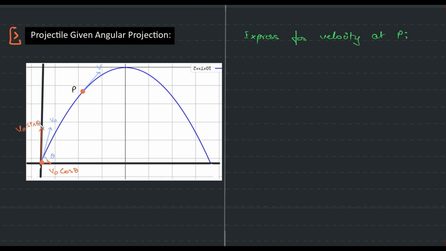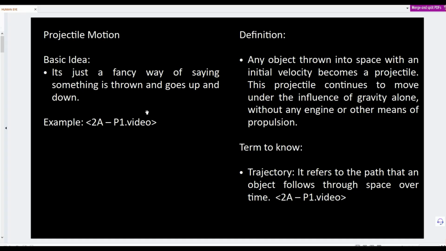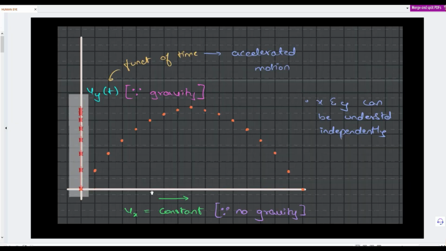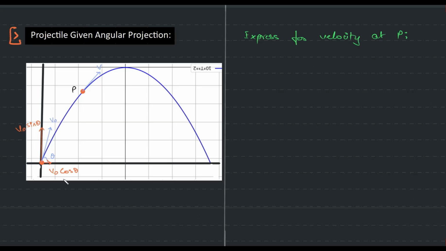That is, we are cutting down all of our discussion to horizontal and vertical. So we are talking about horizontal and vertical motion separately. So Vx and Vy is what we are looking at. So we have v naught cos theta and v naught sin theta. So this is Vx, this is Vy.